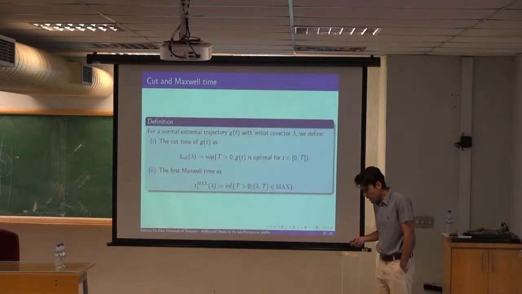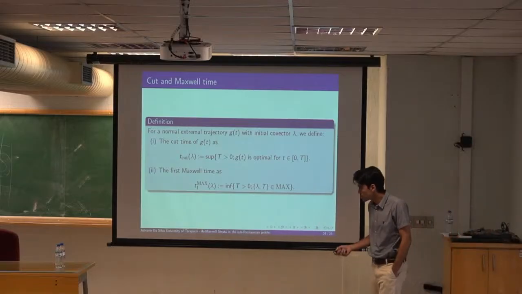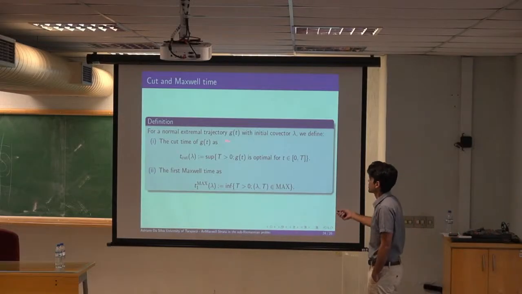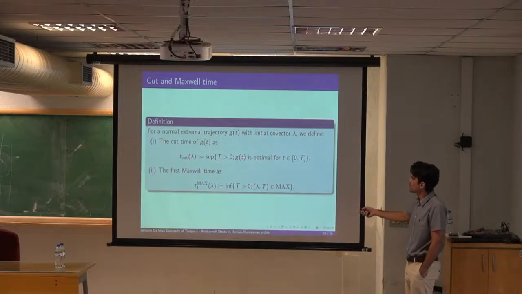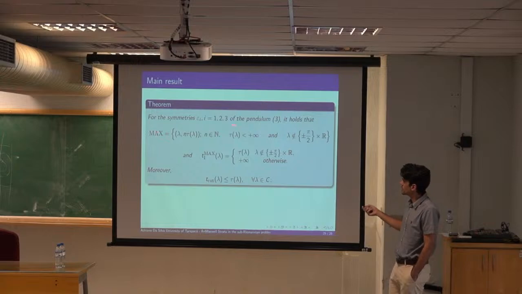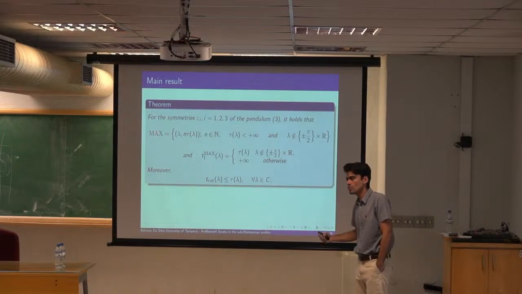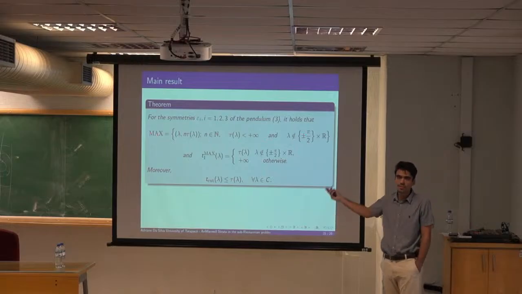Okay, so what we get is this really nice result. That's the definition. What's the cut time that we are actually interested in? The supremum where your geodesic is optimal up to 0 in this interval. The first Maxwell time is the infimum of the time that you are in this set. And for this symmetry we are still able to get some conditions. We are able to characterize the whole Maxwell set associated with the symmetries.